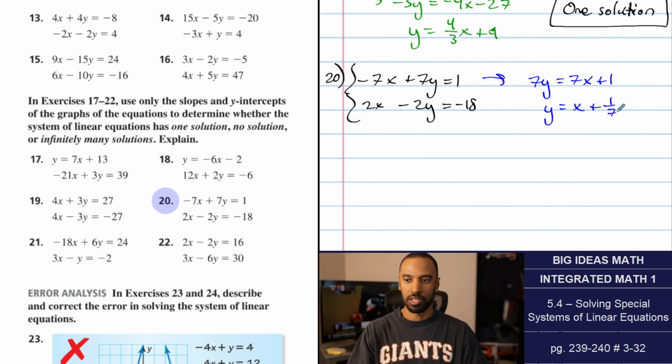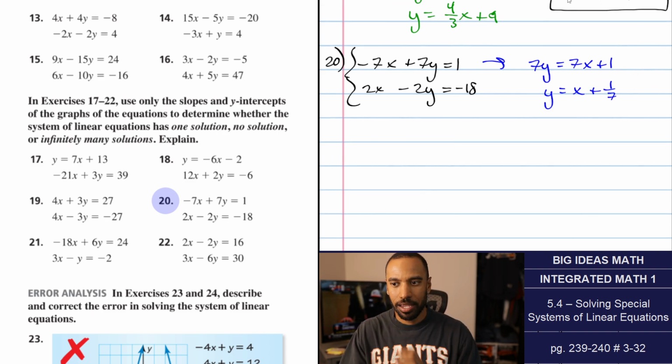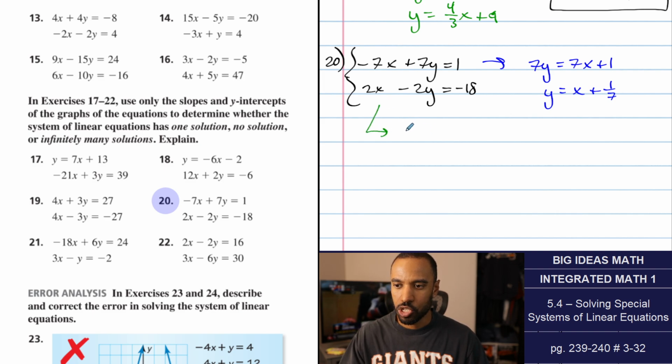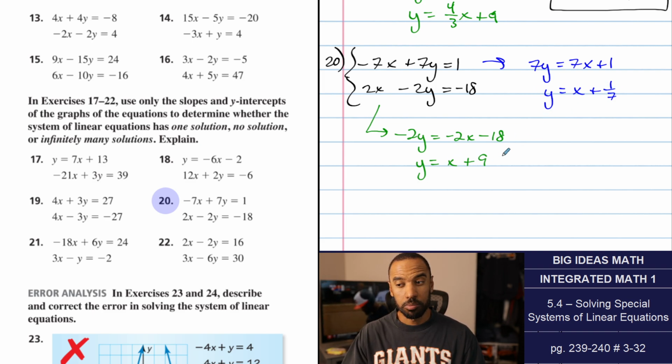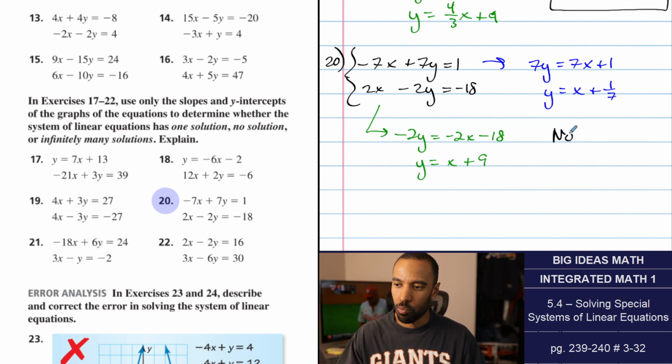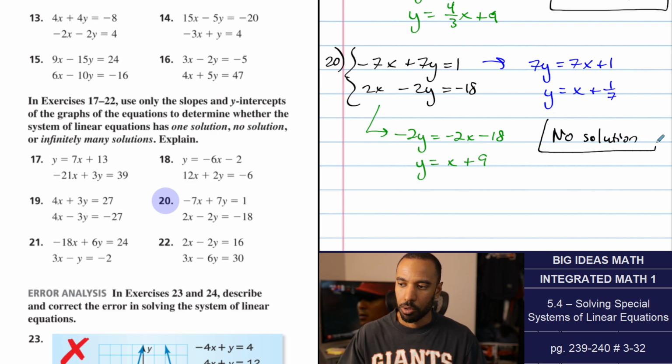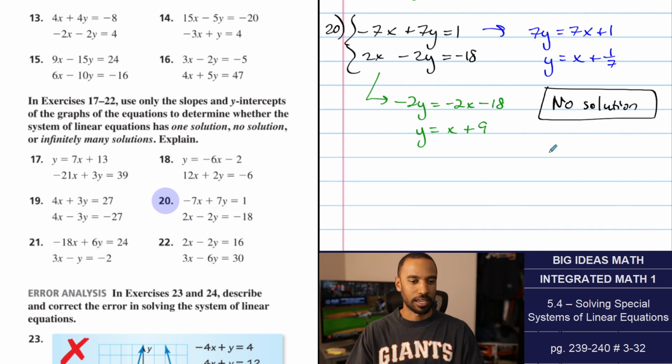Weird y-intercept, but whatever. And then here you subtract 2x from both sides and divide everything by negative 2. That's 1x plus 9. Same slope, different y-intercepts. Doesn't matter if it's a fraction, different y-intercepts. That would be a no solution case. So I hope that my work is enough for you to understand that conclusion.